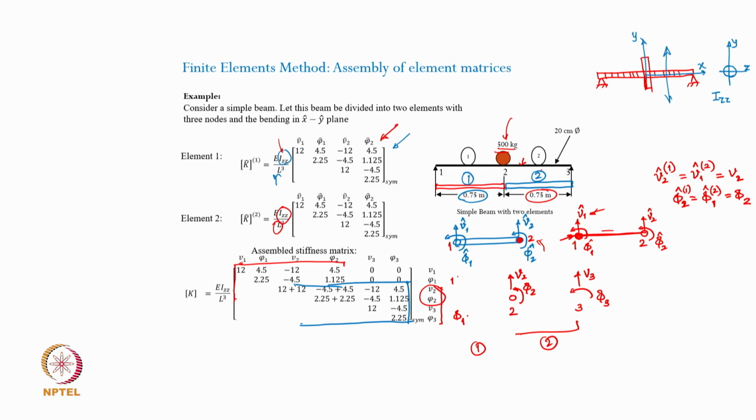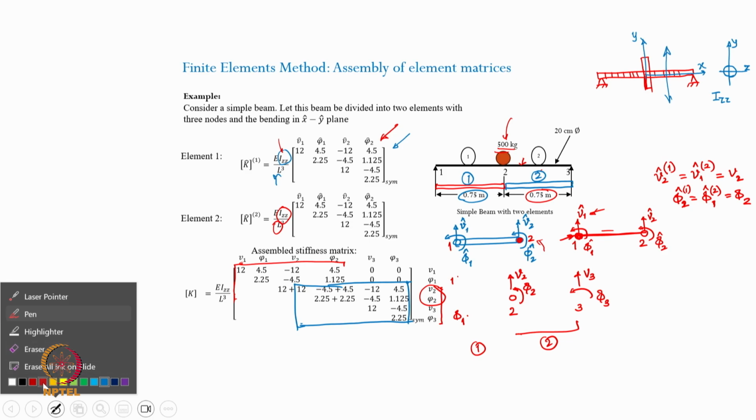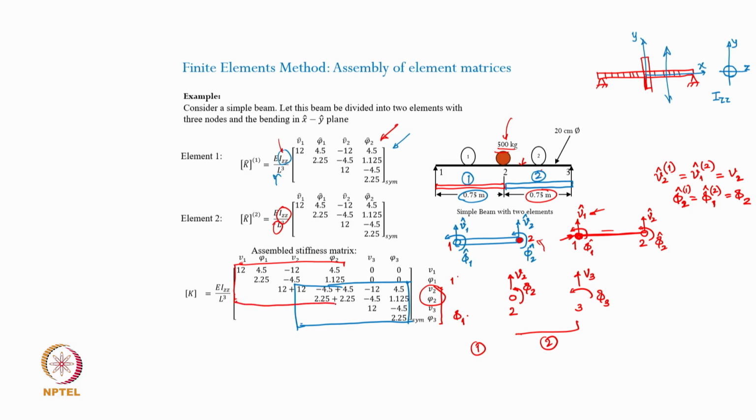So, what you have here is this part which belongs to the first finite element, and then at this particular element position, and here and here, there will be overlap and there will be addition of the elements such as this and so on.